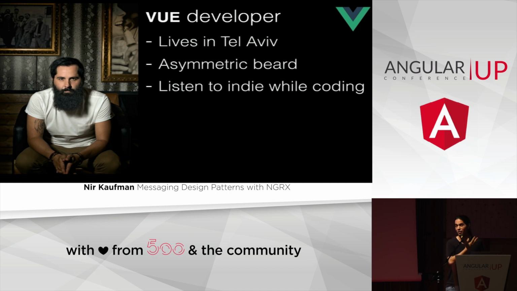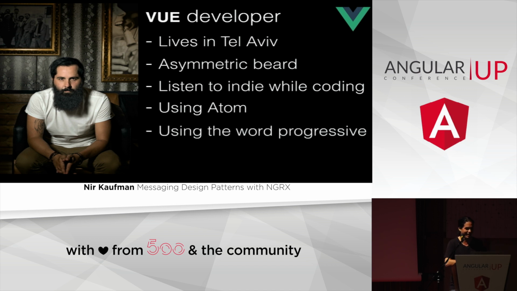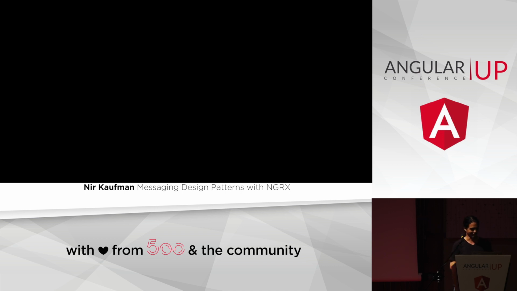All right. He's got a beard. It's very important. He listens to indie music while he's coding. All right. He's using Atom because, and he keeps using the word progressive. I'm using a progressive framework for build progressive code. So, all right, you got the idea.